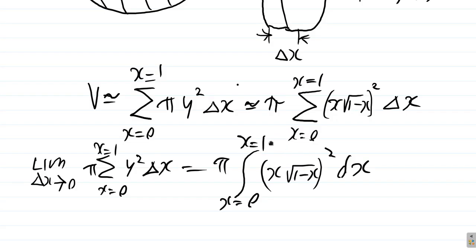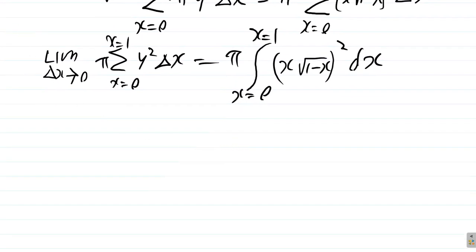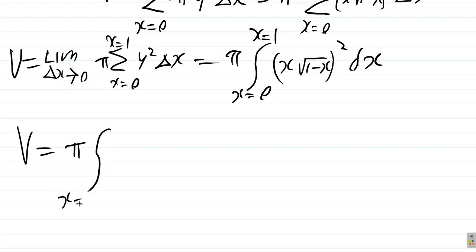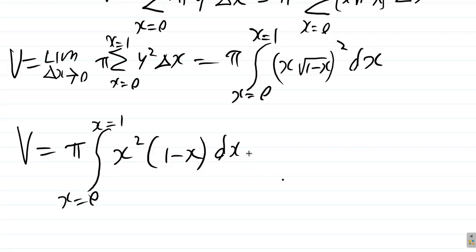Now, I should say the volume equals pi times the integral from x equals 0 to x equals 1 of, when you square this, you get x squared and 1 minus x. When you square the square root of anything, you get back that same thing, and then you have x squared, dx.